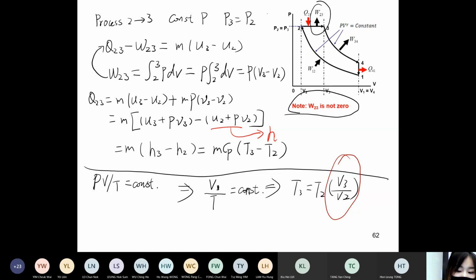For this ratio, we call it the cut-off ratio. Usually we use rc. Another important definition of the ratio of volume. You should remember these equations.